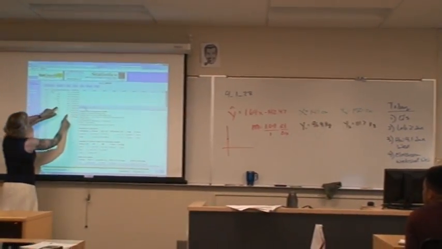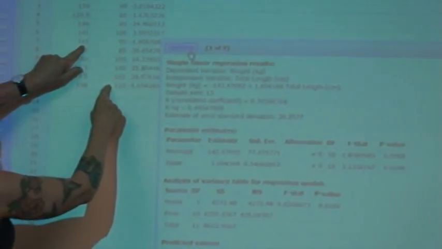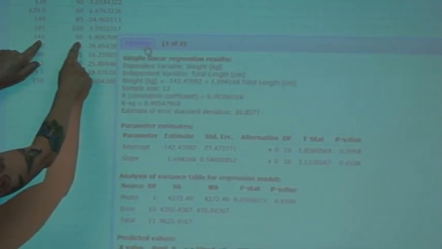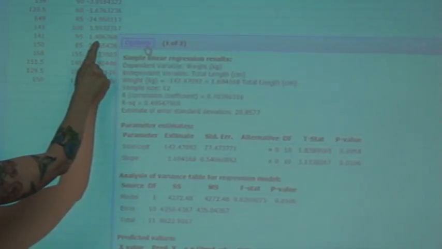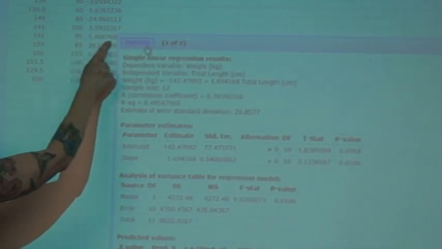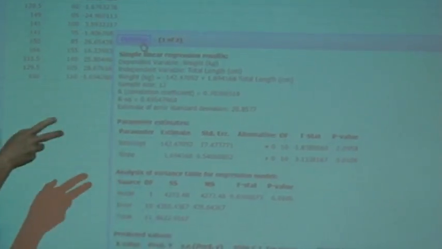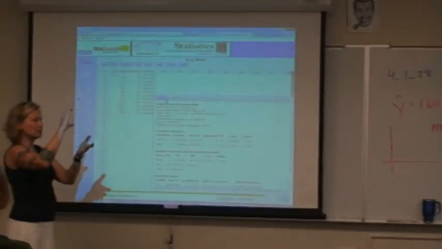For a bear that is 141 centimeters in length and weighs 95 kilograms, that's a residual of negative 1.4067. So it gives you the individual residuals.